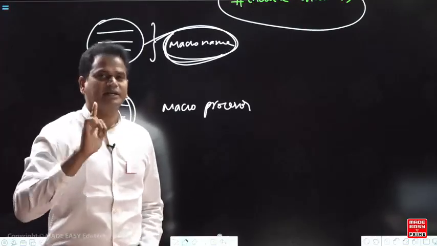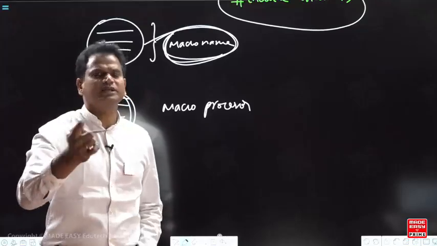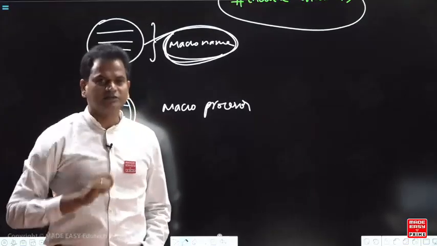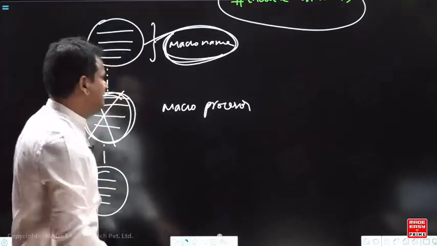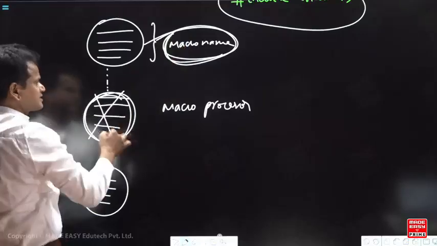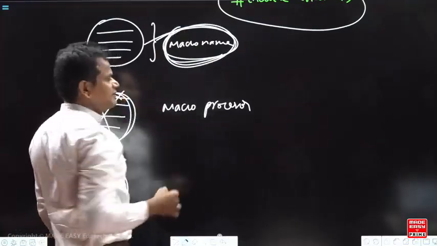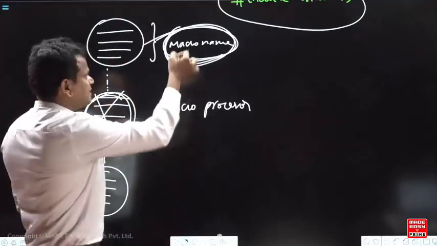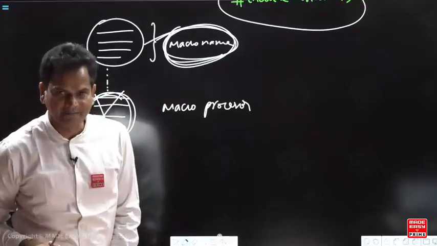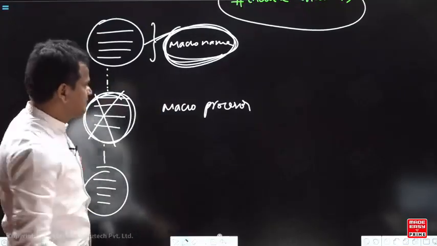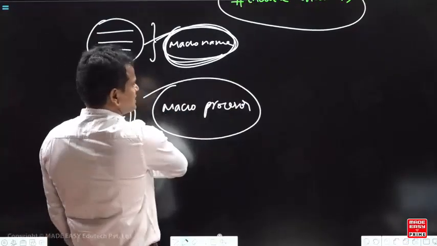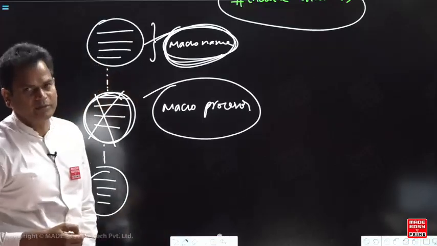We give that macro a name. Wherever those set of instructions are required, we call them by its name. Before compilation, these macro names are expanded, and the macro expansion is done by the macro processor.